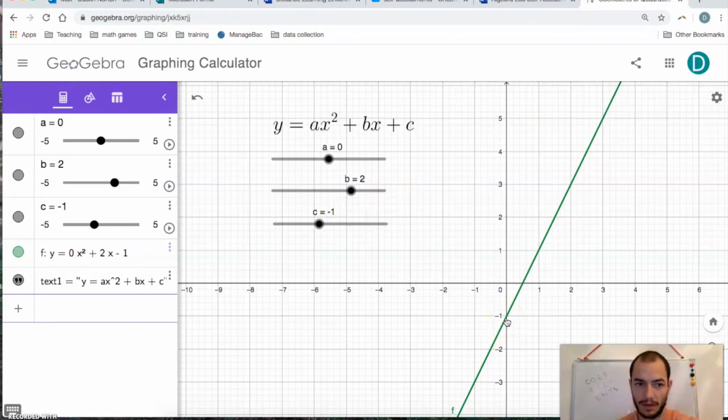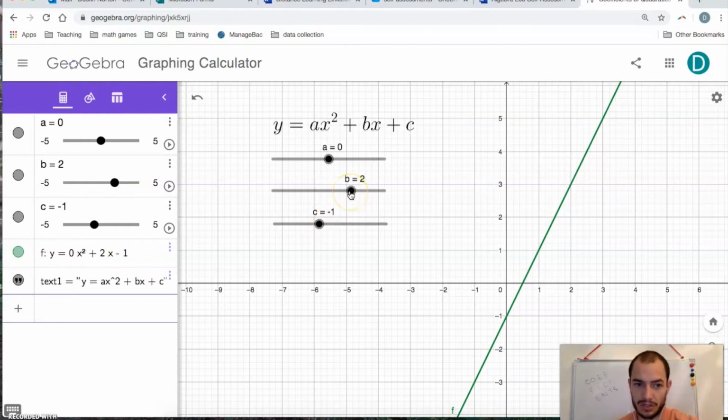And if you look at the equation, which is over here in our algebra window, hopefully that's not too surprising, right? 0x squared is just the same as 0. So really what we have here is a linear function, y equals 2x minus 1. Okay, so that's just a little bit of review for linear equations.